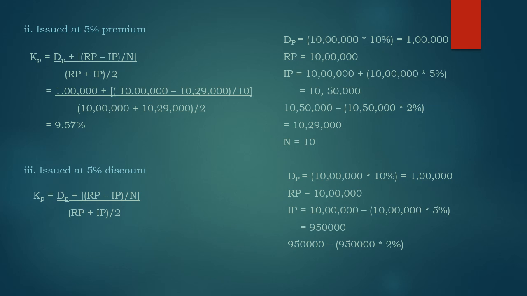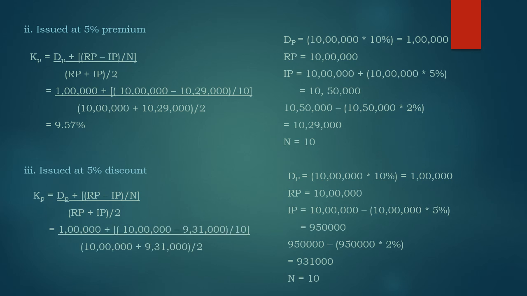Then we will deduct 2% underwriting commission from this 9 lakh 50,000 and we will get the ultimate result, which is 9 lakh 31,000. And N is 10 years. Now we will put these values and ultimately we will get the result, which is 11.07%. This is the cost of redeemable preference share capital when it is issued at 5% discount.